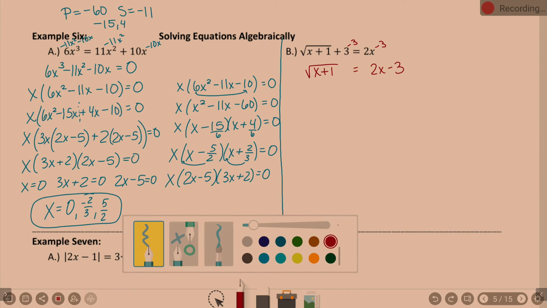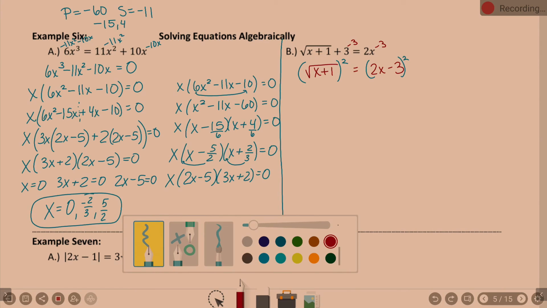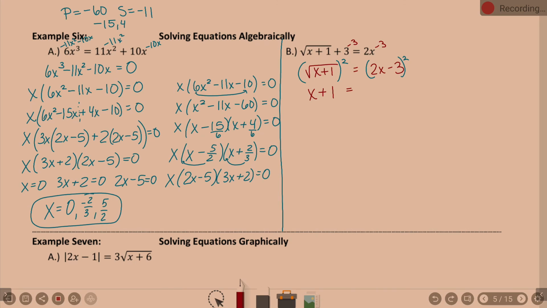So we're going to square. On the left, what happens when you square the square root? X plus 1. You get whatever's under the radical, right? X plus 1. On the right, what happens when I square the quantity 2x minus 3?